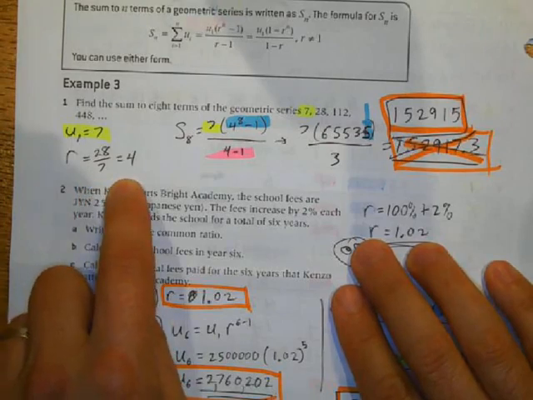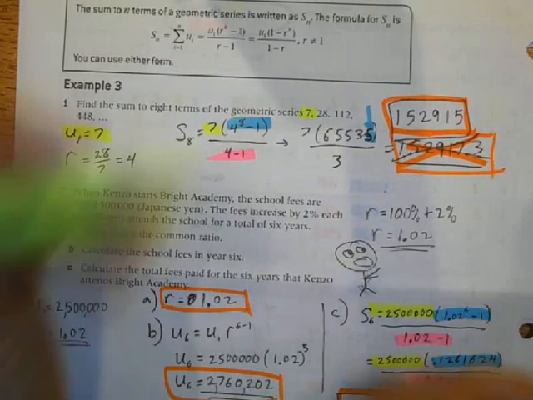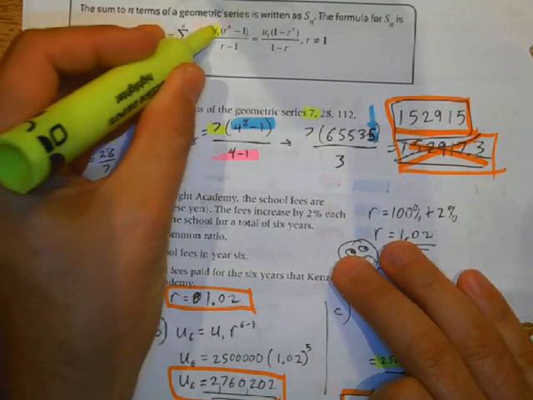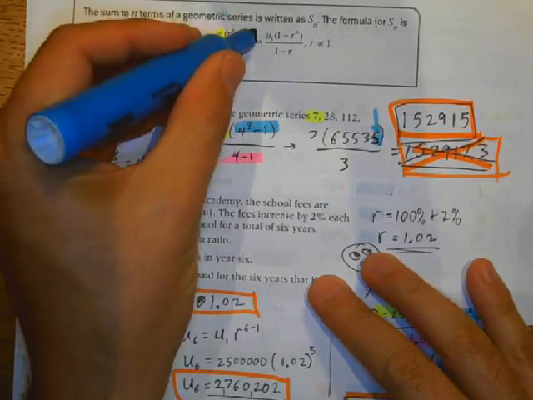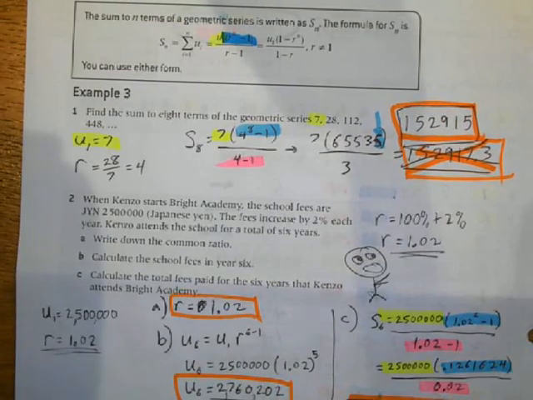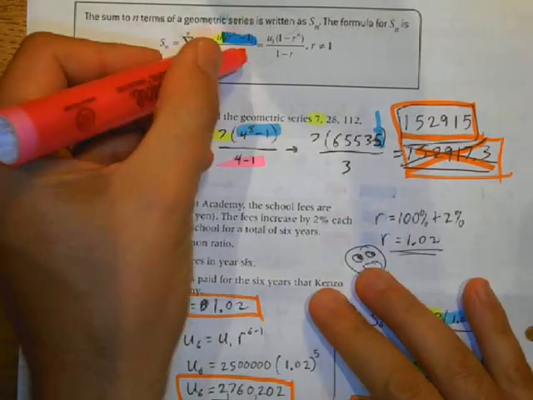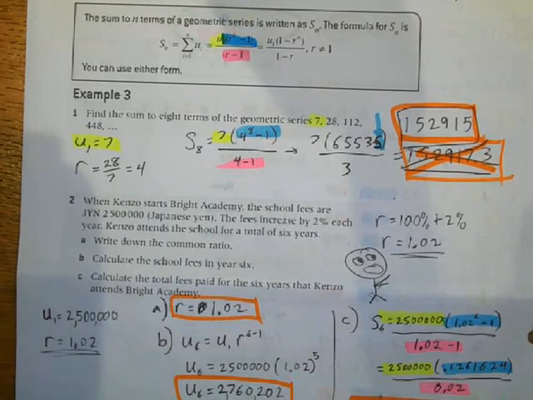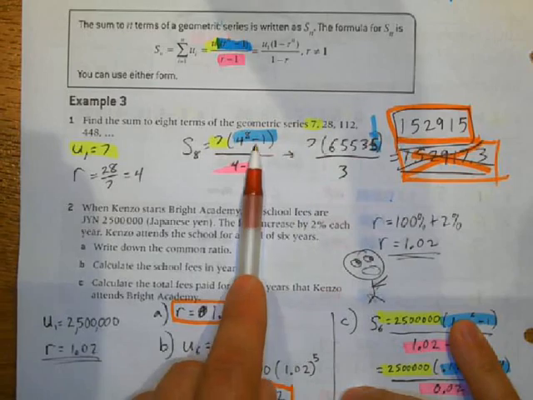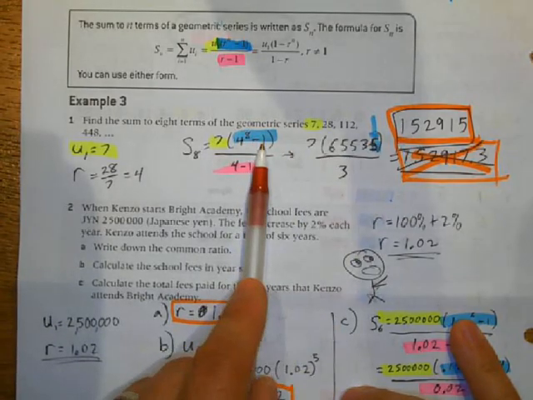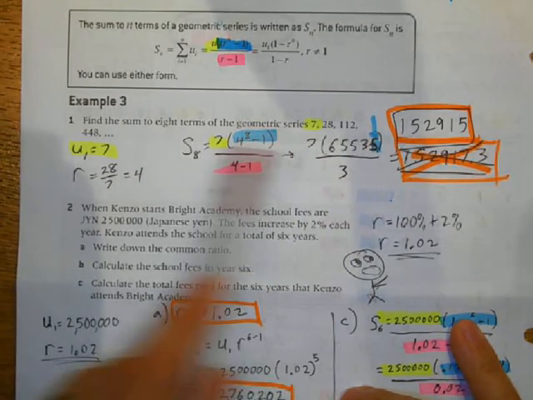And then using this formula here, we know u sub 1, we know r to the n minus 1, and we know r minus 1. And we do this. During class, I had accidentally not subtracted 1, so I had a slightly different number here.